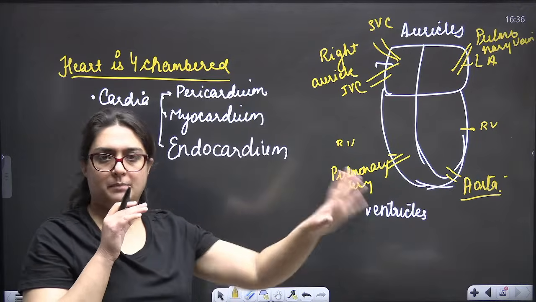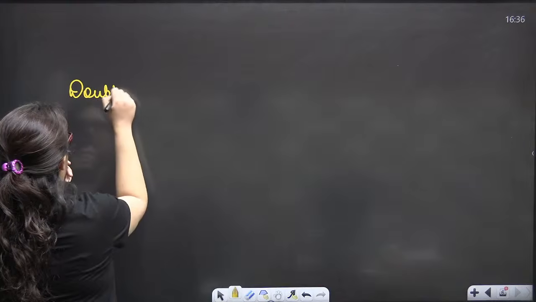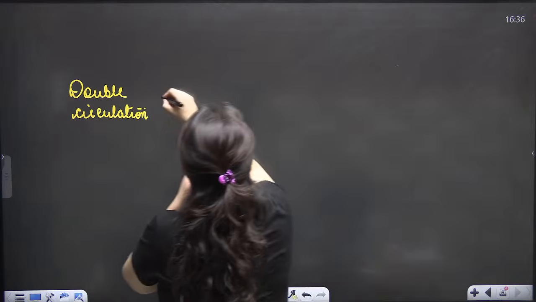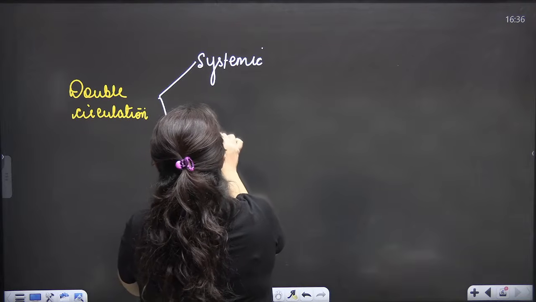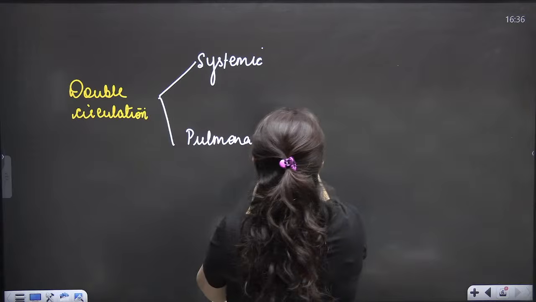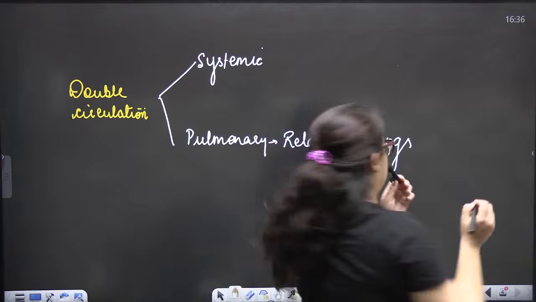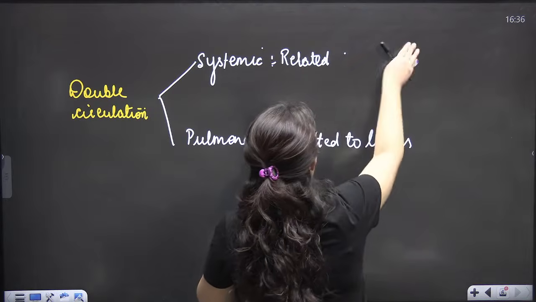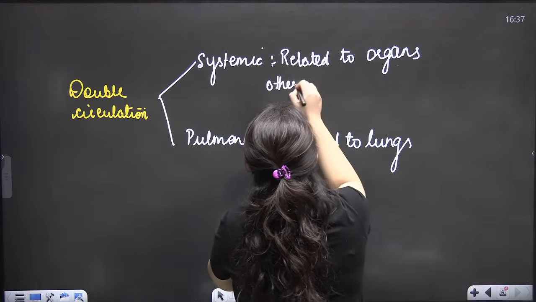One circulation is systemic, related to all the systemic organs, and one circulation is pulmonary, related only to the lungs, the organ other than systemic organs.